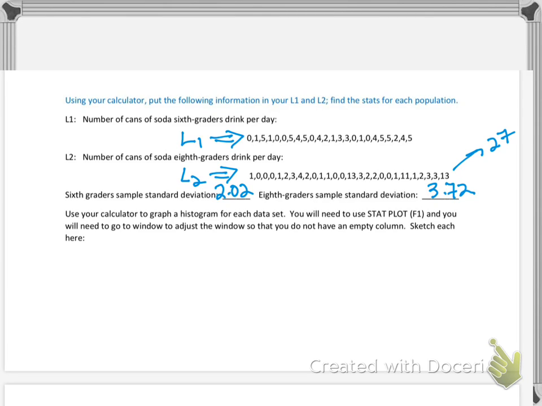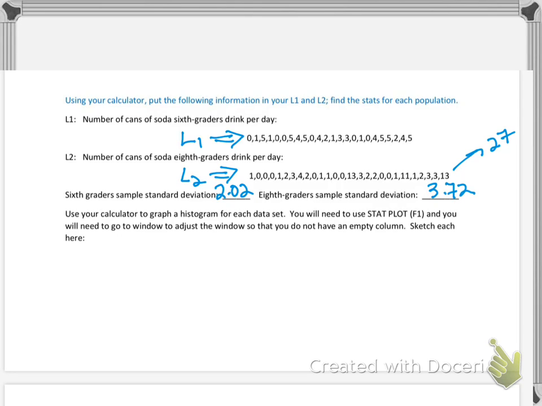Now, when you look at this data, you have to adjust your window accordingly. So I'm looking at the 6th grade data. Look at your window so that I can see where my axis is. I'm going to run my X from -1 all the way to, let's go to 7 so we can see some things. Your X scale is 1.